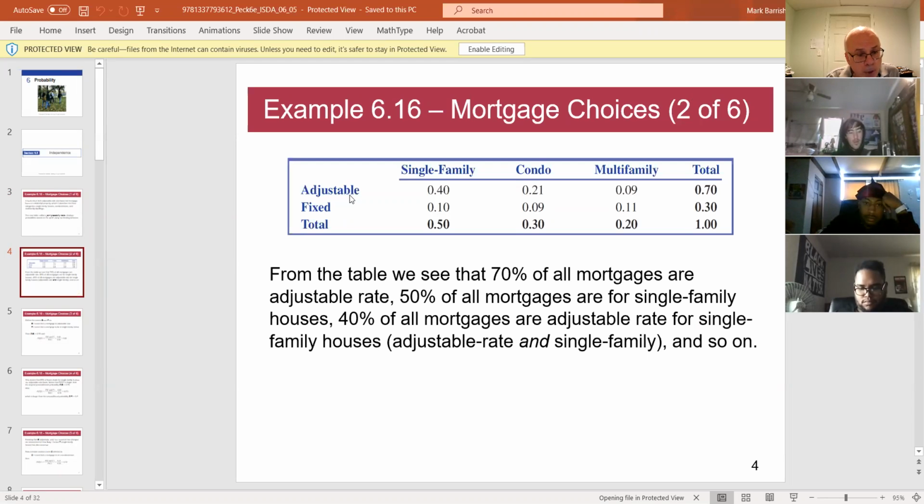All right. Now, why would there be 2 types? This has nothing to do with statistics, but I'll just explain it to you since you might have to take out a mortgage someday. The reason there are 2 types is because if interest rates are increasing, you may want to go with the fixed rate, which is currently at a low rate, which is the way it is in the economy right now. Mortgage rates are very low.